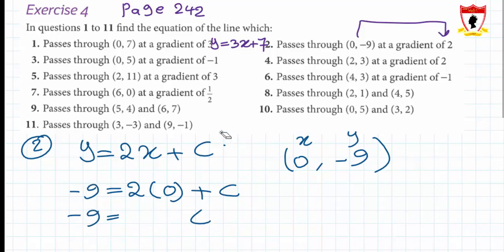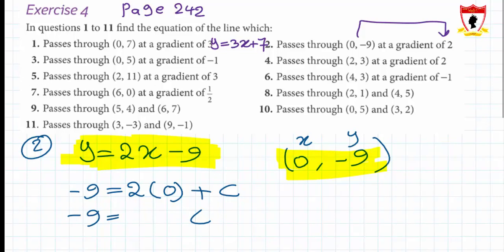So the equation is like this: y equals 2x minus 9. This is the equation of the line that passes through (0, negative 9) with gradient 2.